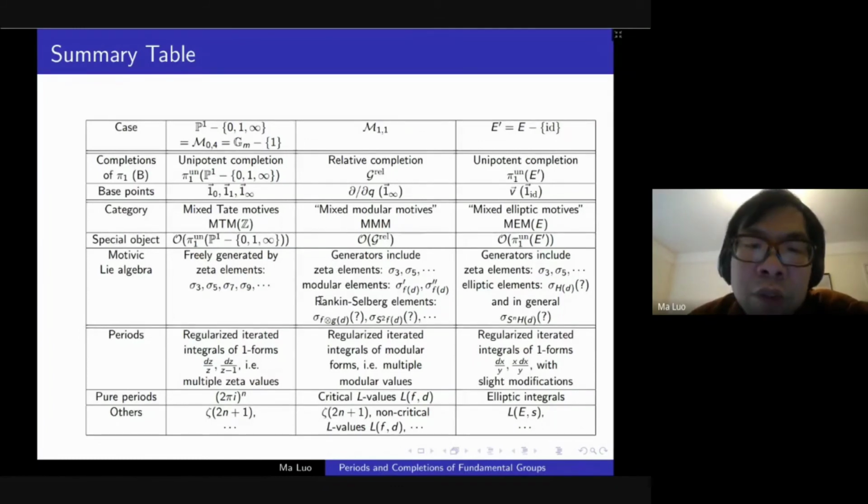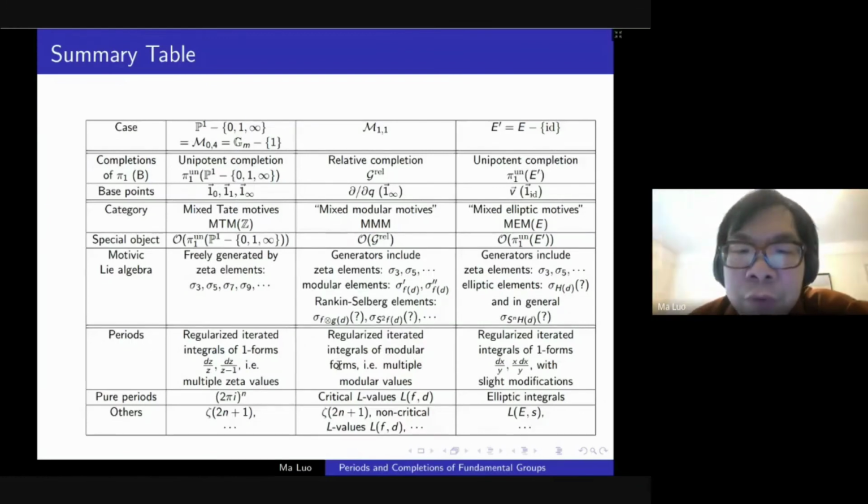But there is still hope, because we can compute these iterated integrals of modular forms. Maybe one just has to be lucky to put these into the correct situation.